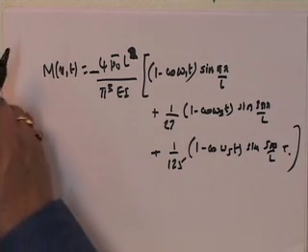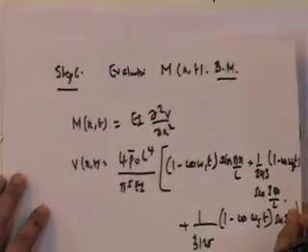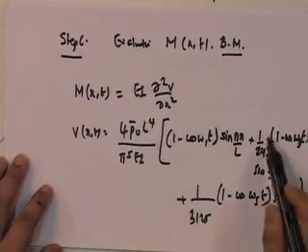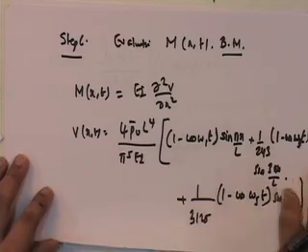But note one thing, that whereas for displacement these terms were 1 upon 243, 1 upon 3125, that means the higher order terms were negligible.